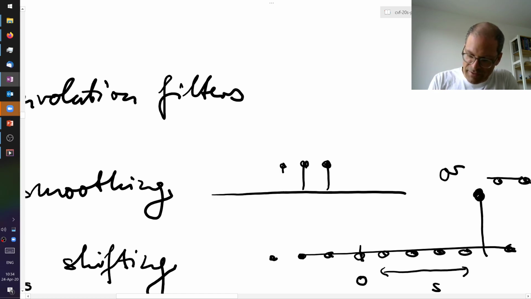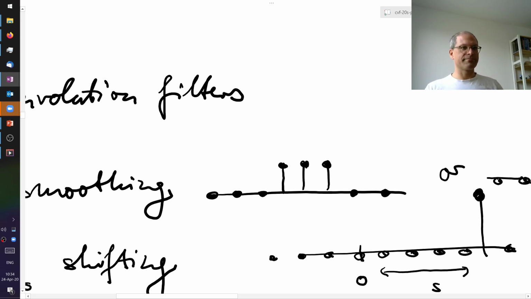So imagine that this is a one-dimensional time series, and then I show the filter coefficients for each lag. And here, for example, I have three coefficients which are 1 in the middle, and the other coefficients are 0.